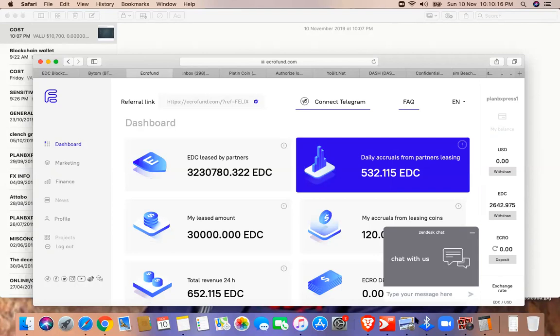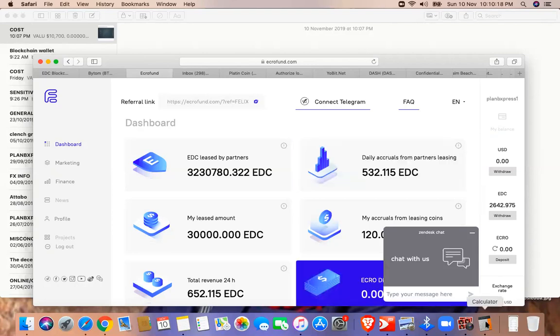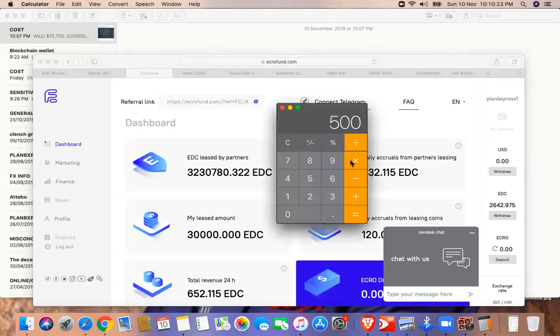Okay, let me use the calculator. Average of 4 accounts earning 500 EDC every day. That multiplied by, 500 EDC multiplied by 4, that gives about 2,000 multiplied by 30. That is 60,000 EDC. So I can afford to divide it by 2.